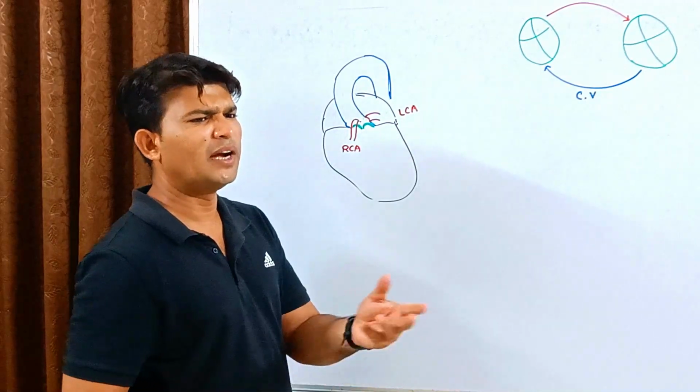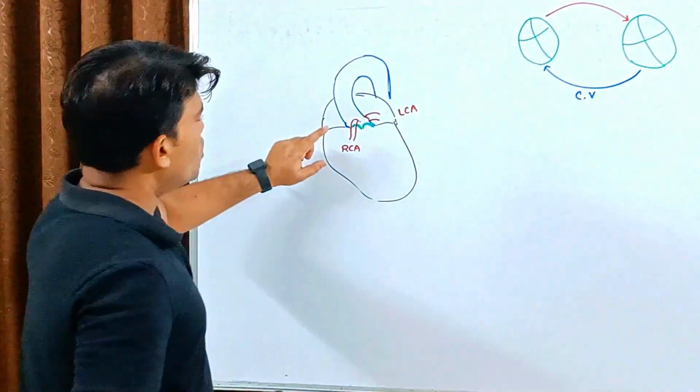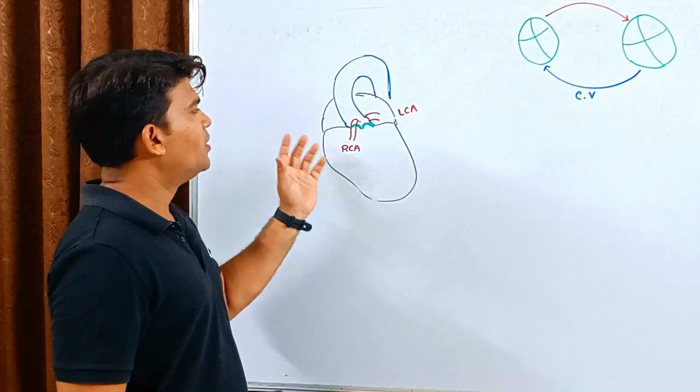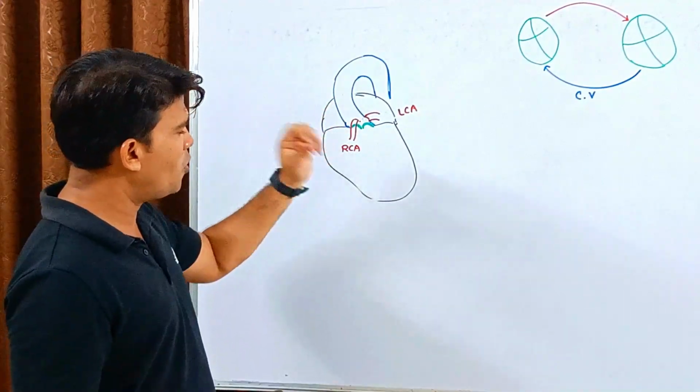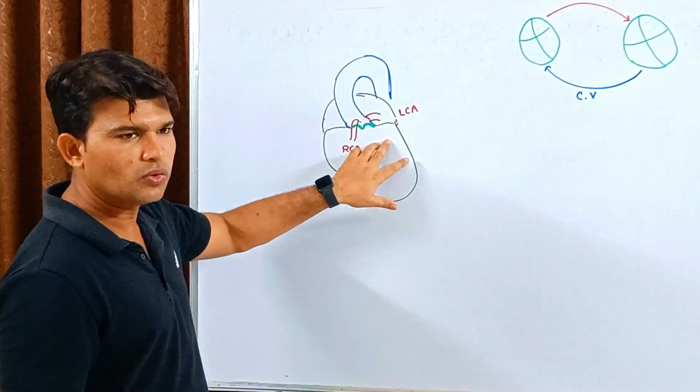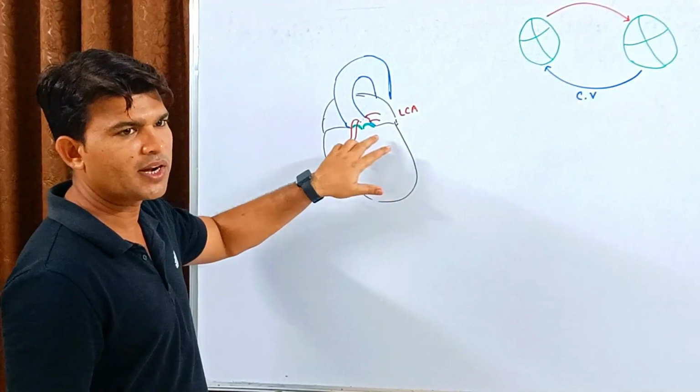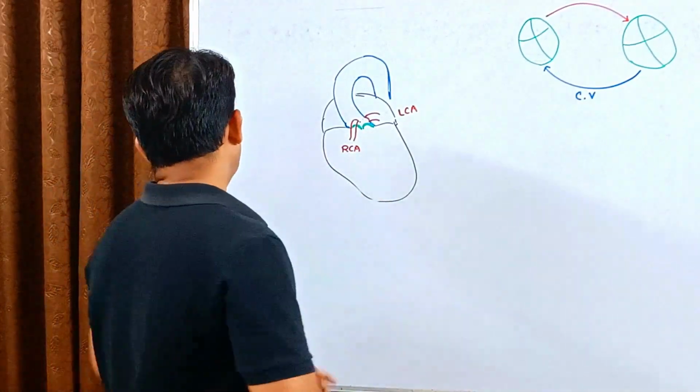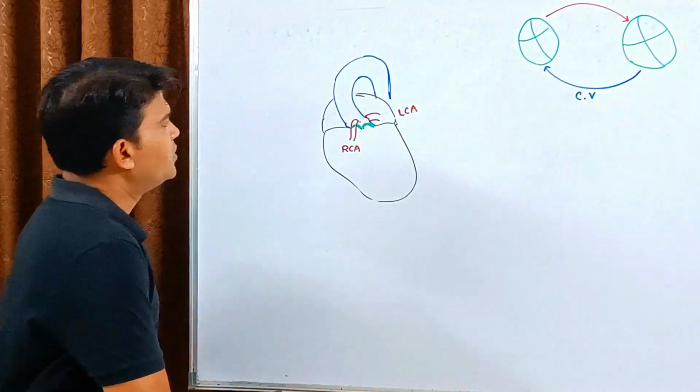So it is in rare to rarest cases, right? In more than 95% of cases we have two coronary arteries, that is the left coronary artery and the right coronary artery. So let's discuss that.